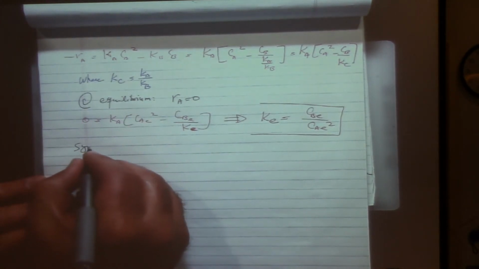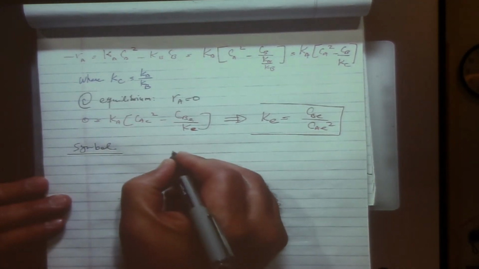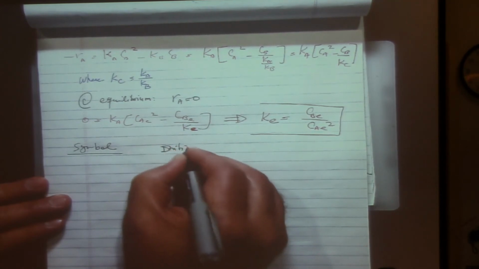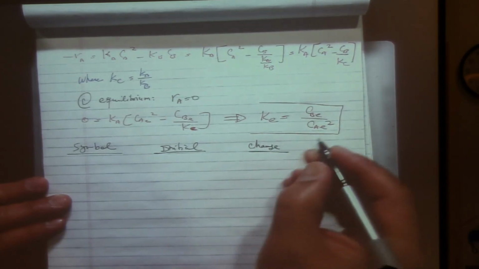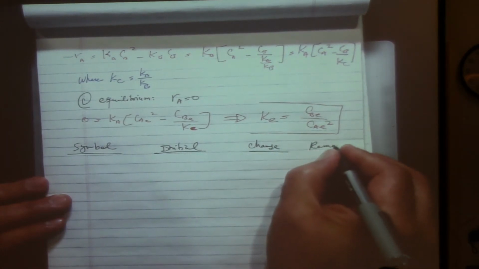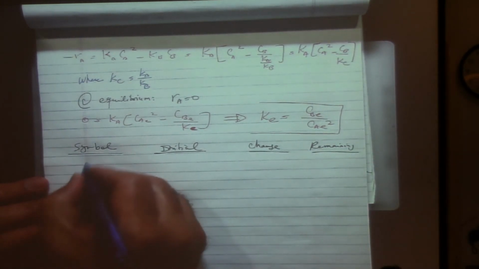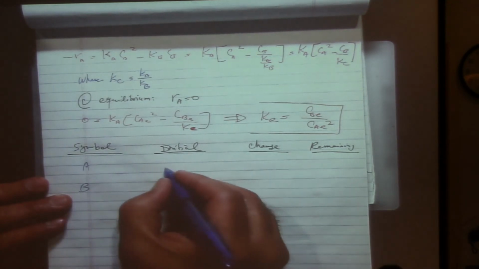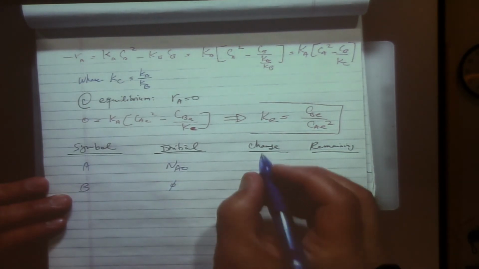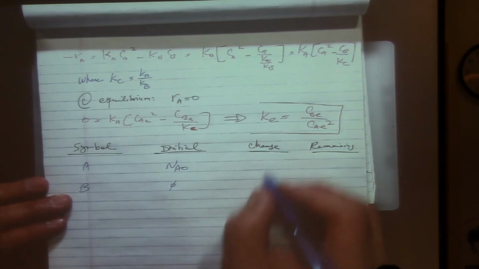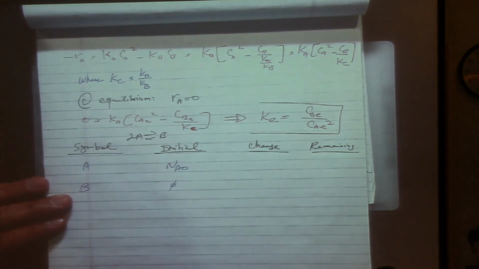So the symbol, initial, that's exactly what I did the other day. So initial, change, and then remaining. Okay, so we have A and B. We have initially NA0 in your system. We have 0 of B. So how much change do we have, given the fact that our equation is 2A gives B?